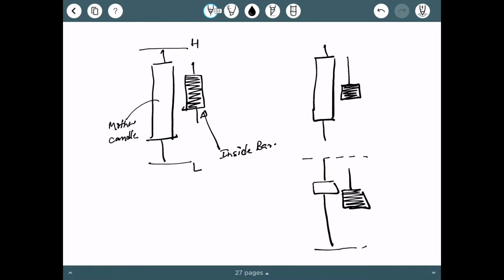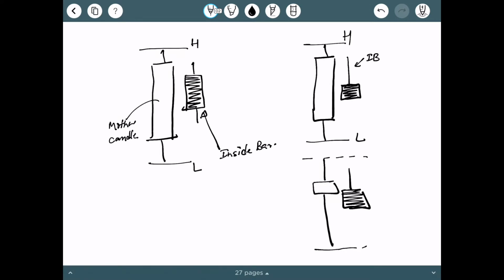Now, a lot of people ask me whether the color of the candles matters. They do matter, but not to that extent. What matters in the inside bar is that the price of the inside bar is between the highs and lows of the previous bar.